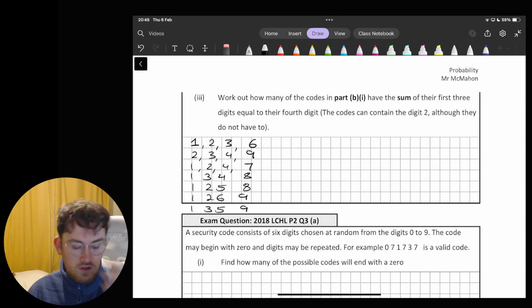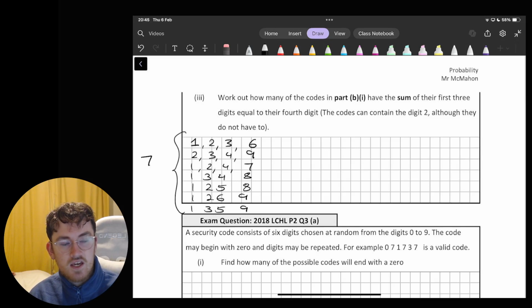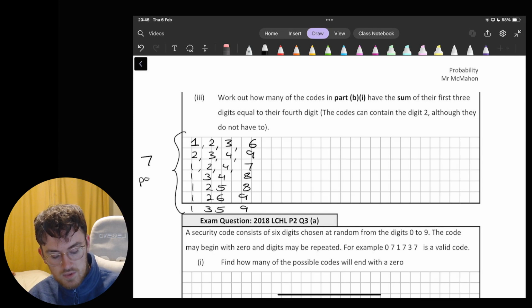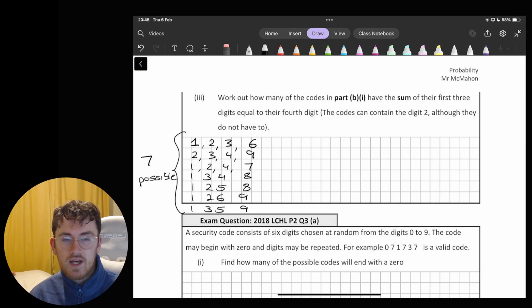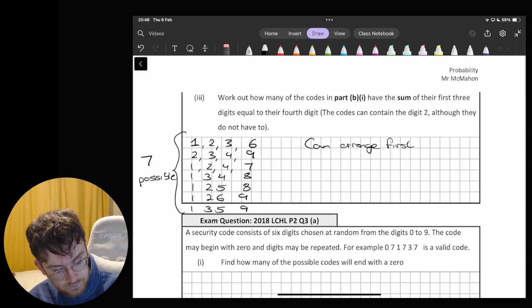We could work out all of these. So we're basically saying there are 7 different arrangements where the first 3 digits of the code would add up to the last digit. Now, we can arrange the first 3 in any order.